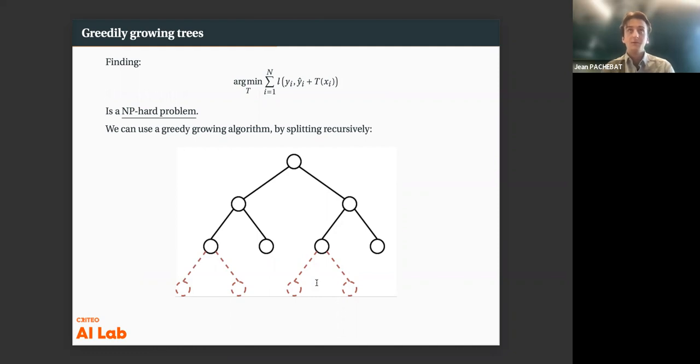One way to deal with this problem is to use a greedy growing algorithm, which essentially means that we iteratively build a tree, minimizing this value step by step by dividing our final nodes, our leaf nodes, into a left and a right node in order to improve the precision that we had before doing the split.